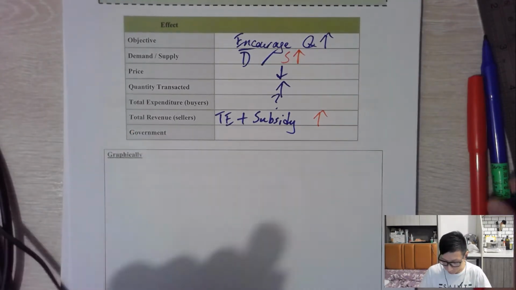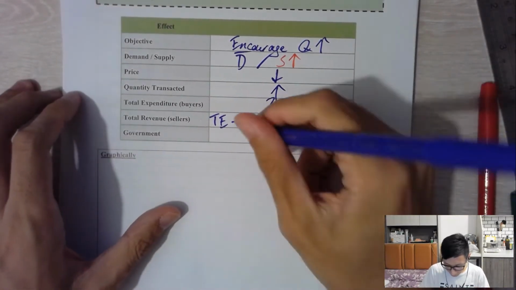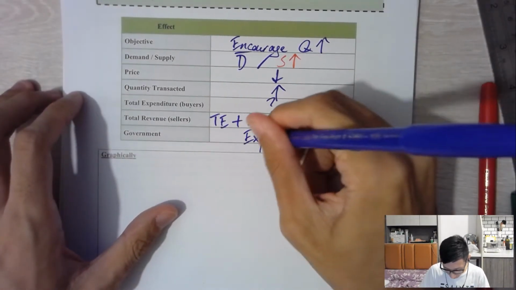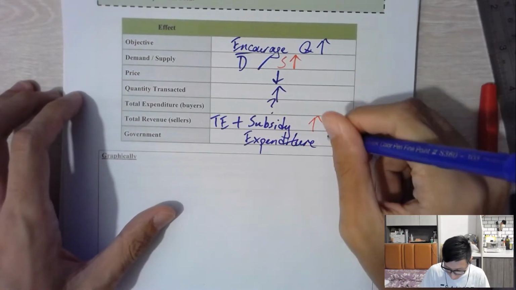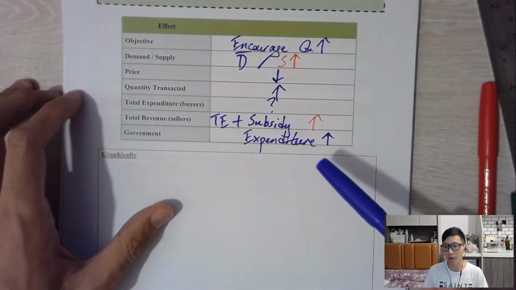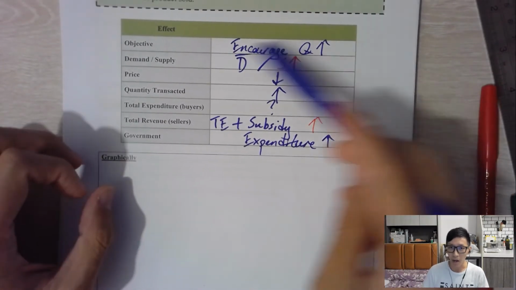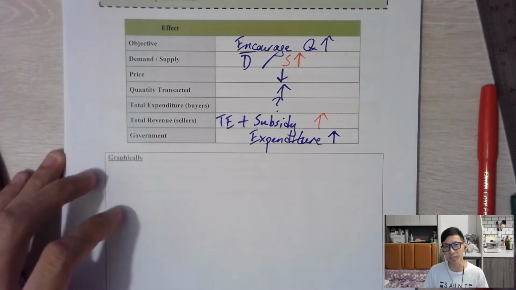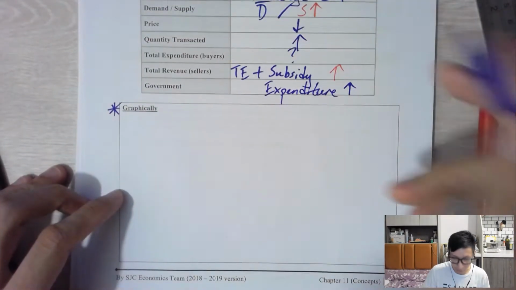Therefore, we also know that the government has expenditure. It doesn't come from nothing; they are going to have some government expenditure. I think the concept is easy. What's difficult is actually the graphical part.